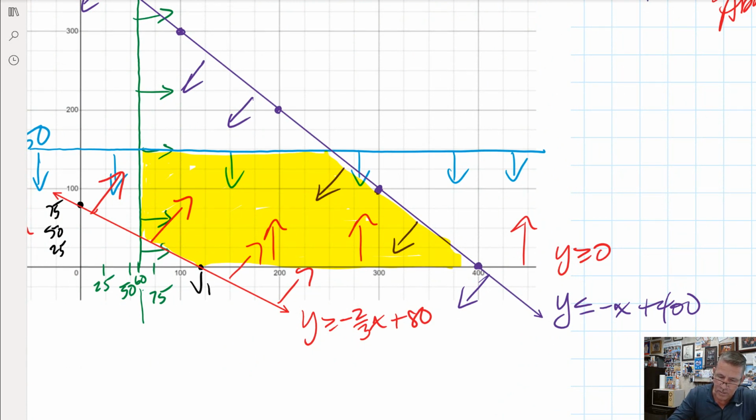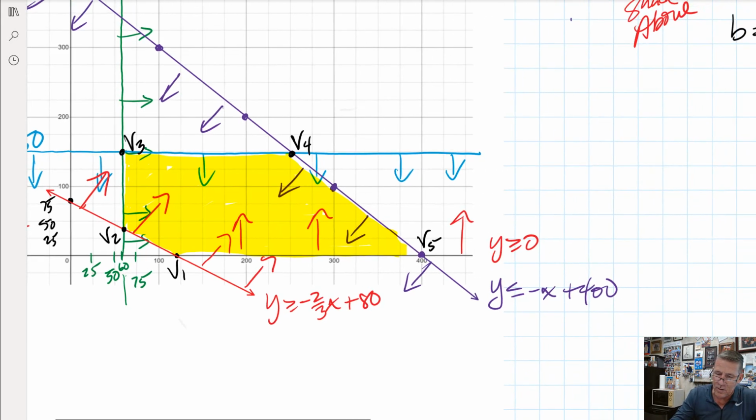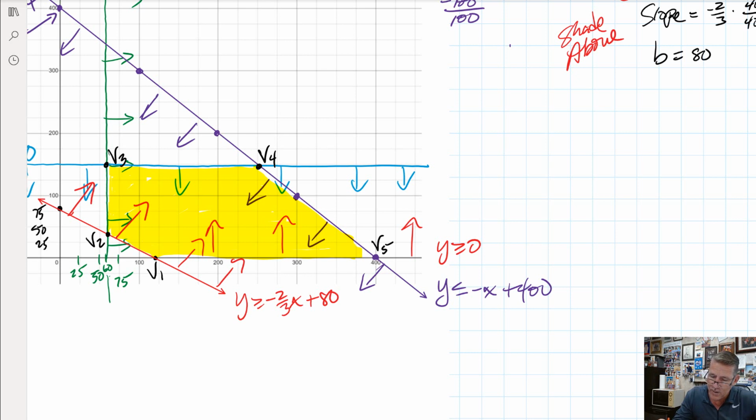V1, V2, V3, V4, and V5. And if you don't know exactly what all these are, you can use Desmos to verify vertices.